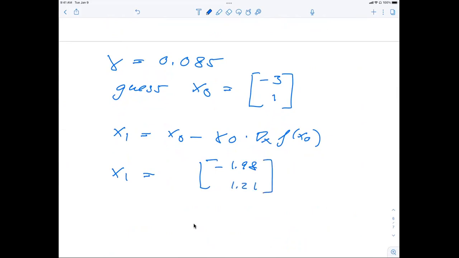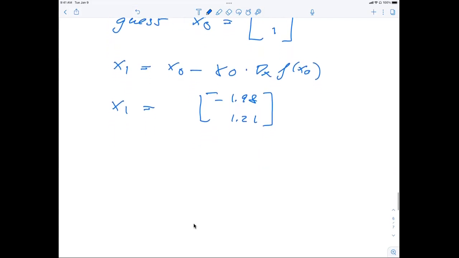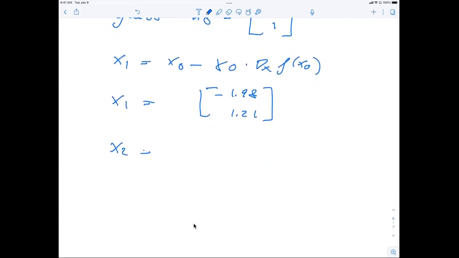So we are moving in the same direction for x1 and x2. So we move from -3 to a smaller value, -1.98 for x1, but we move to a larger value for x2, from 1 to 1.21. Now, the next value, x2 here, is then going to be equal to -1.32, and then I have a -0.42.